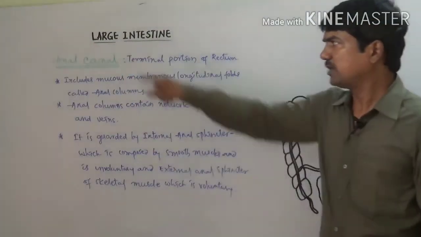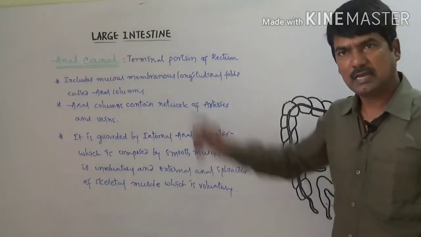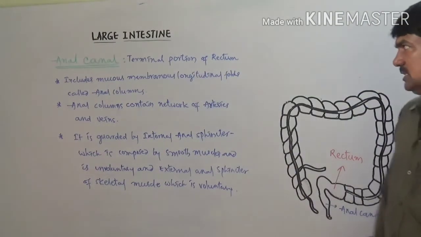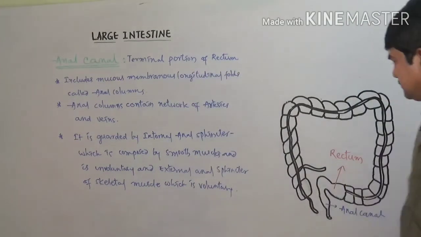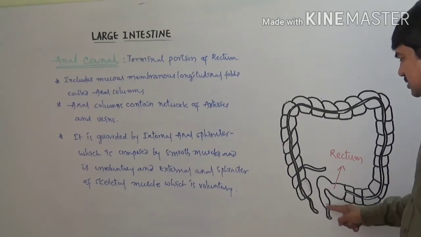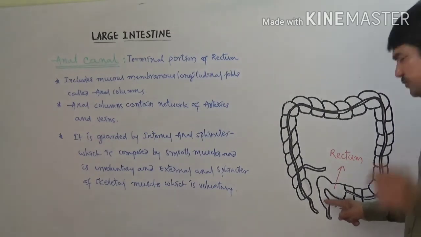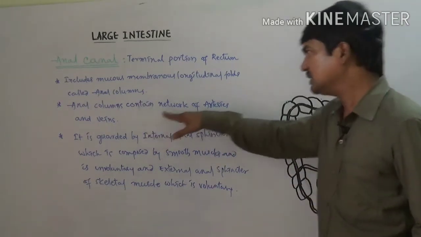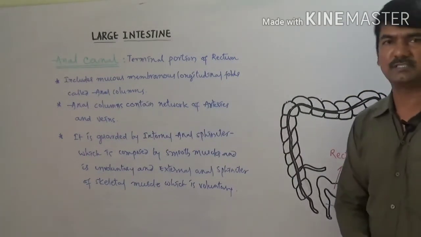The last part of the large intestine is the anal canal. Let us see what the anal canal is. It is the terminal portion of the rectum. This is the rectum and this is called the terminal portion. Here we can identify the anal canal. The anal columns contain a network of arteries and veins.